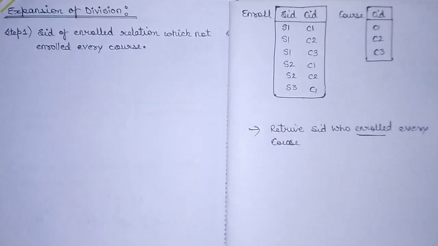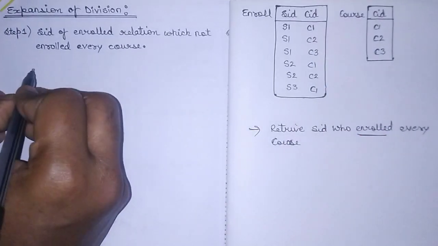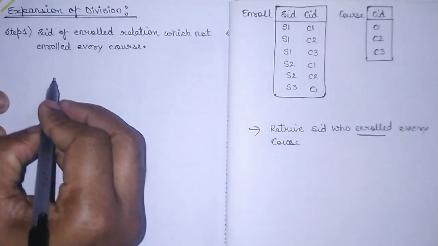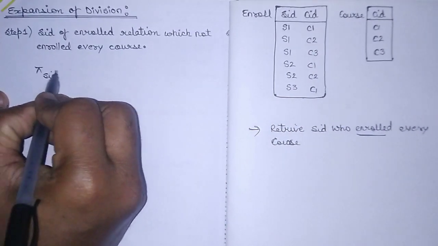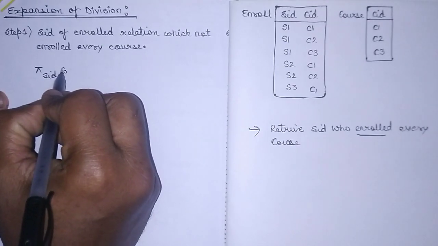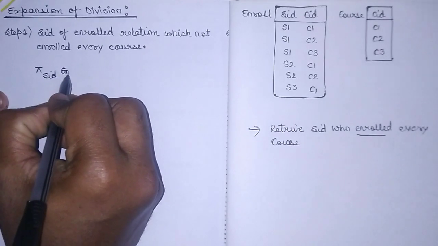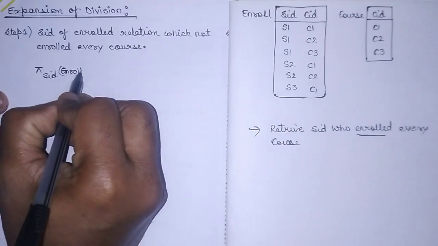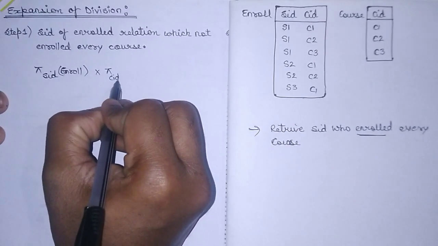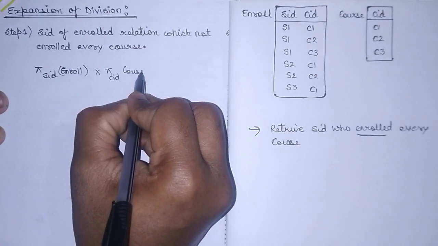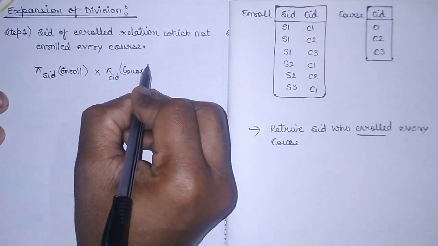Let's see how. So this is the same table, I just wrote it once again. First of all, what we need to do is perform the cross product with student ID of the enroll table and course ID of the course table.